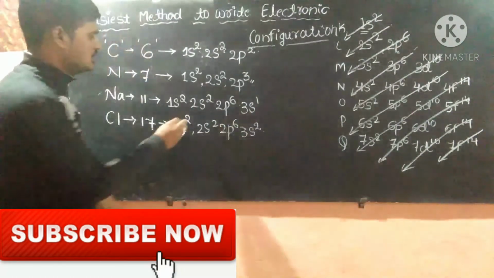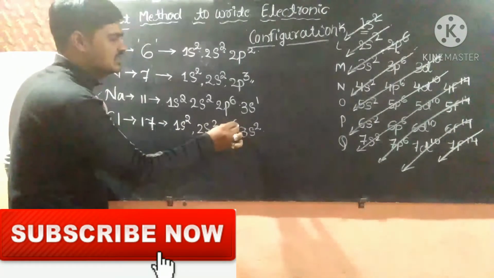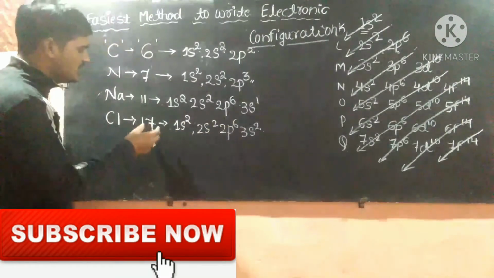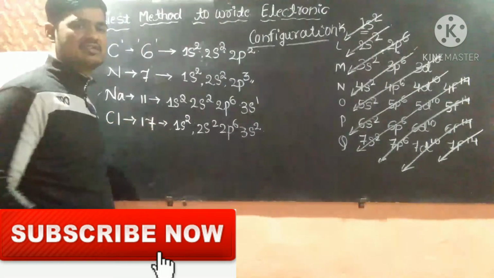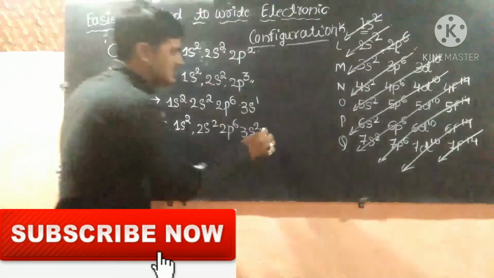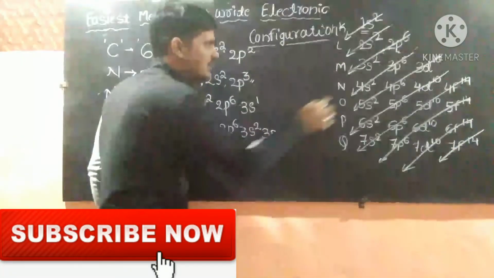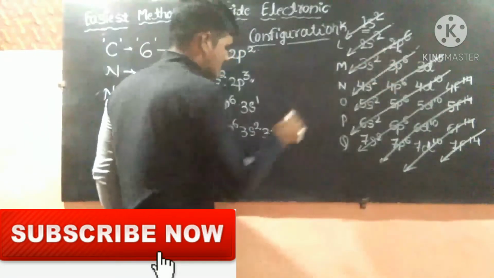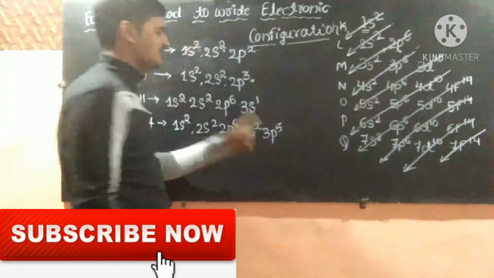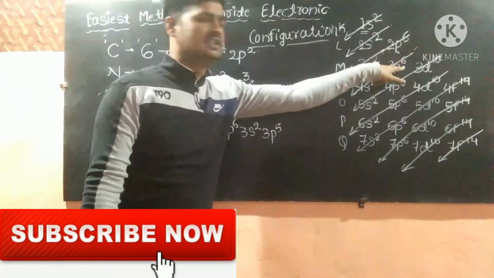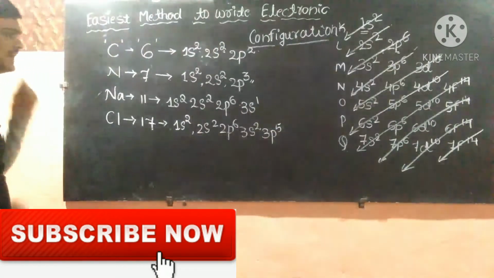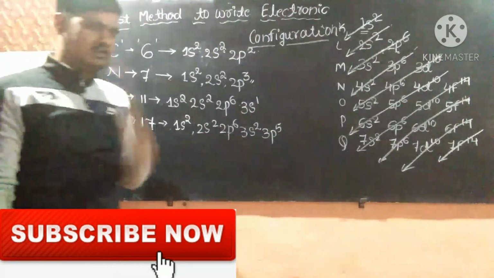Now count the electrons: 2 plus 2 is 4, 4 plus 6 is 10, 10 plus 2 is 12. The remaining number of electrons is 5. We need 5 electrons to complete the electronic configuration of chlorine. Those 5 electrons we will take from 3p6. That is, 3p5. So 1s2, 2s2, 2p6, 3s2, 3p5. This is the electronic configuration of chlorine.